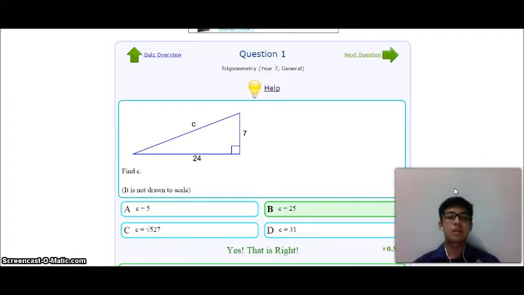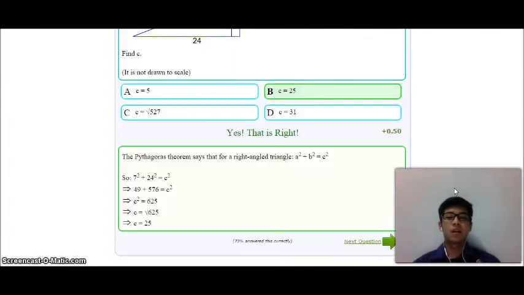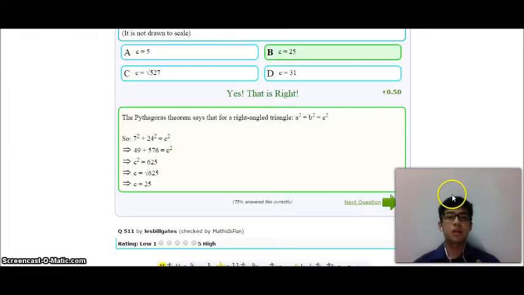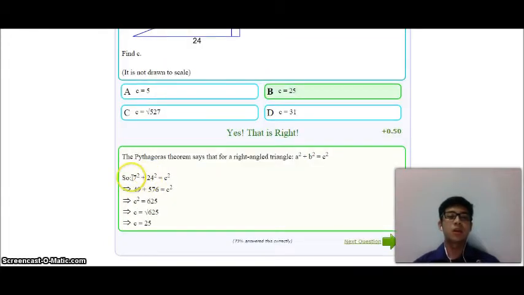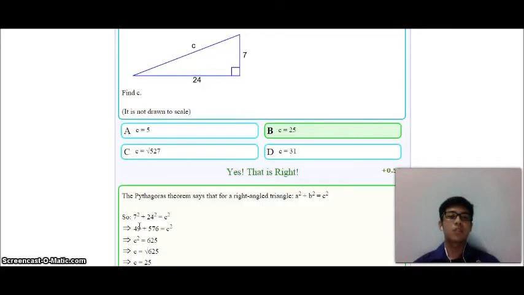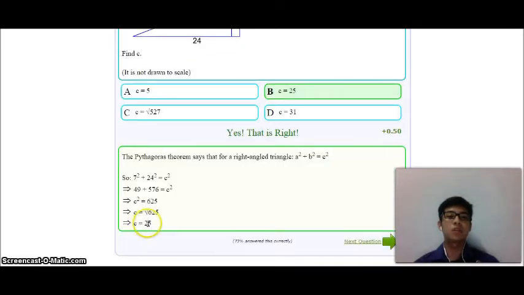Let us see the way to calculate this. We still use the formula a squared plus b squared equals c squared, and transfer the information given into the formula. Calculating it through, we find the unknown side, the hypotenuse c, equals 25.